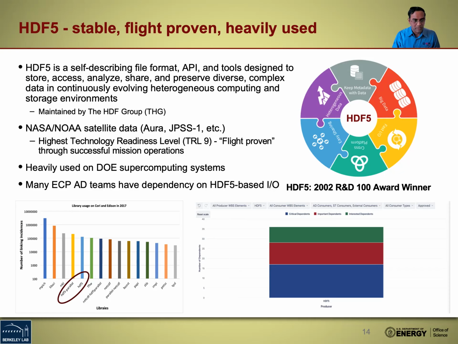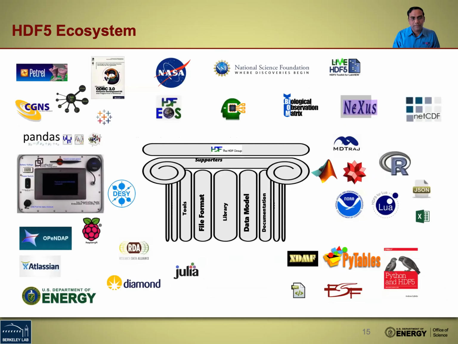If you take a look at library usage on Cori and Edison in 2017, HDF5 parallel and HDF5 are among the top 5 most used libraries. And in the ECP, the Exascale Computing Project, HDF5 is critically required by several applications, and many ECP applications depend on it.